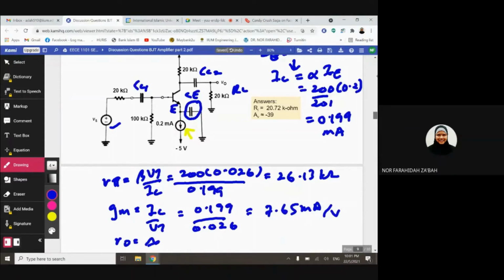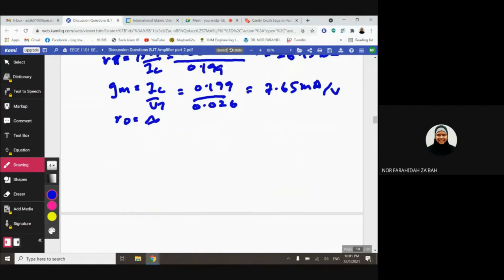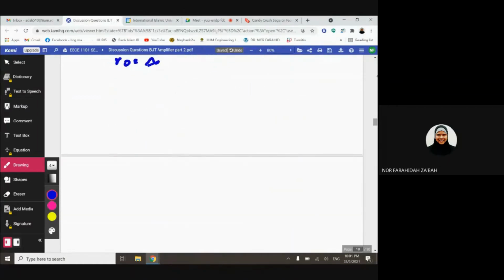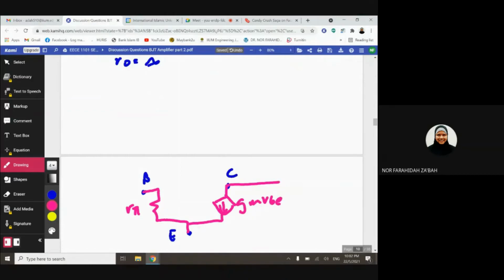Right, so let's draw the AC equivalent. Again I have base, collector, and this is my emitter. So I have r pi, gm VBE, and again there is no r naught. R naught is infinity.